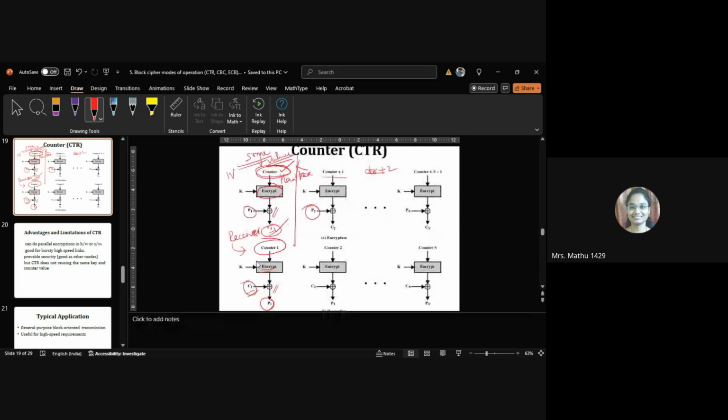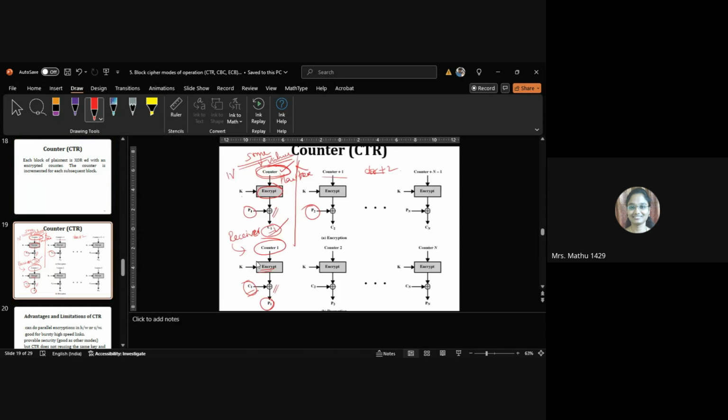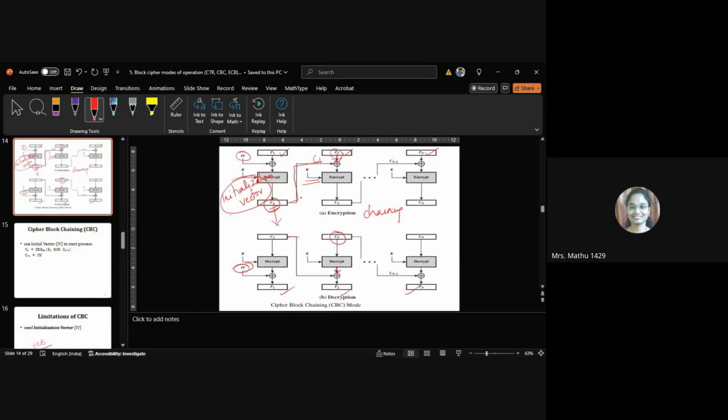In the previous case, CBC mode, it is a chaining method. So definitely you need to wait for the previous process to finish. Only when your first ciphertext is ready can you encrypt the next block of plain text, because you require this C1.